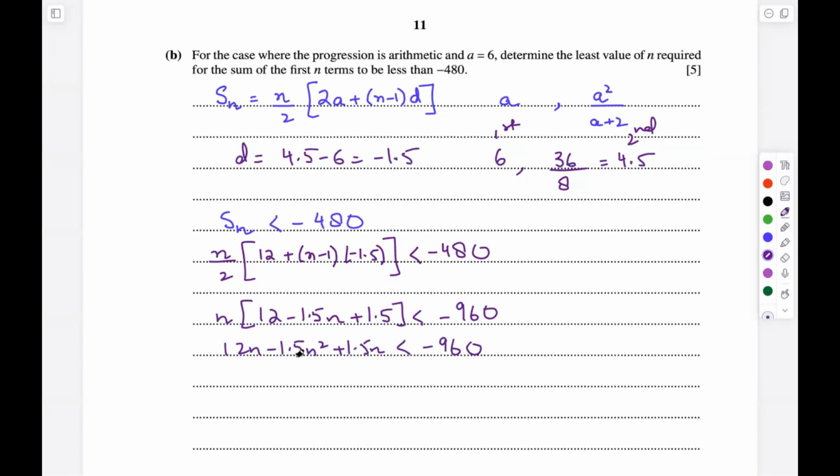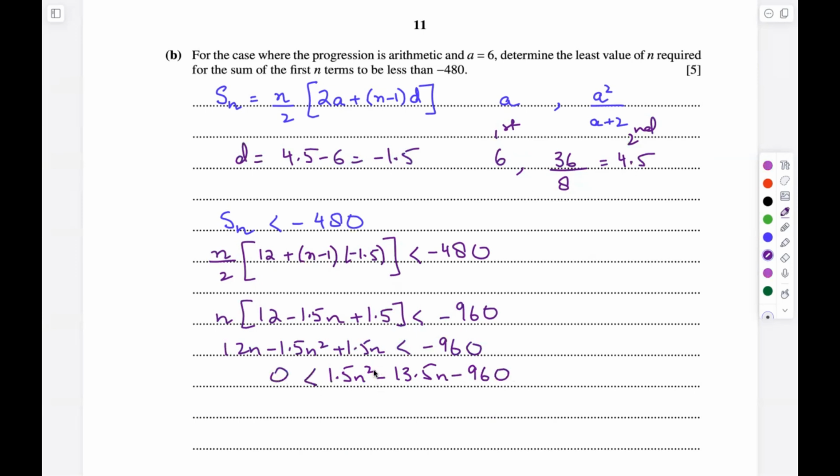Now 12n plus 1.5n will become 13.5n. As the n squared term is negative, we can take it all on the other side and write it as 1.5n squared, making it positive. So that will become 1.5n squared minus 13.5n minus 960 is greater than 0.